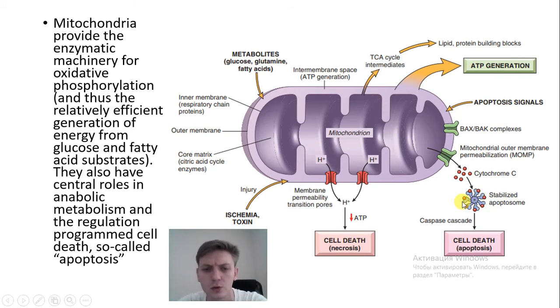It's also a multi-step change, but the main idea is that cytochrome C binds to apoptosome, and the apoptosome is formed. Due to this, the apoptosome activates the mechanism of another type of cell death, known as apoptosis. It activates the caspase cascade, which will also be discussed in one of the next lectures.